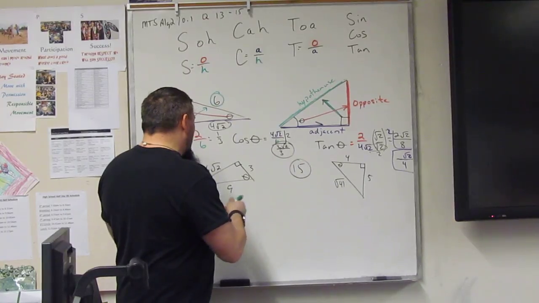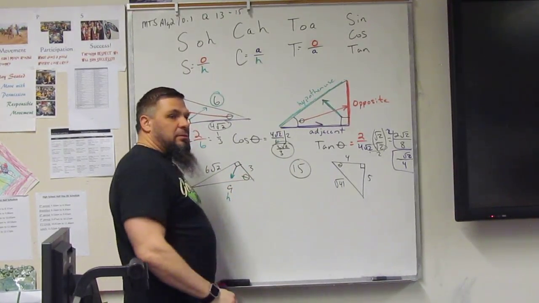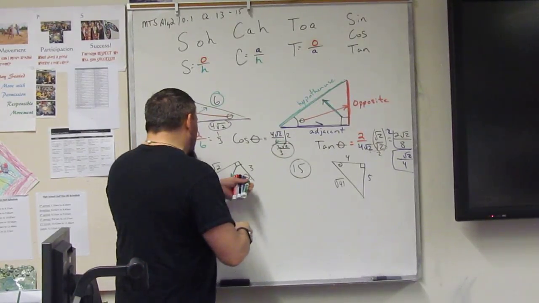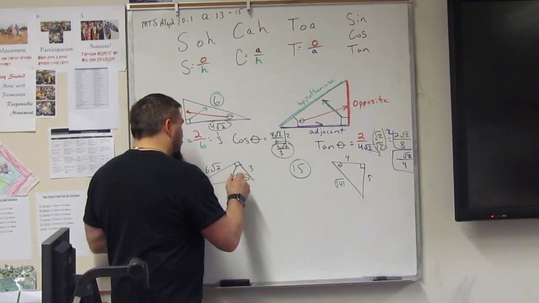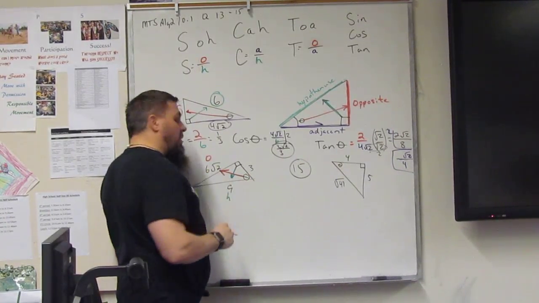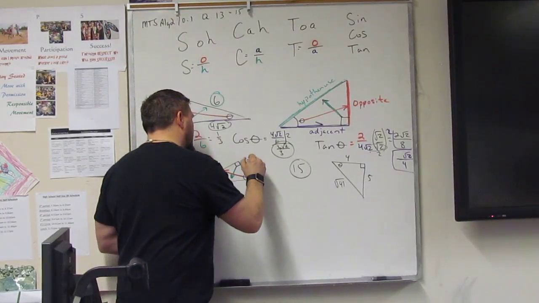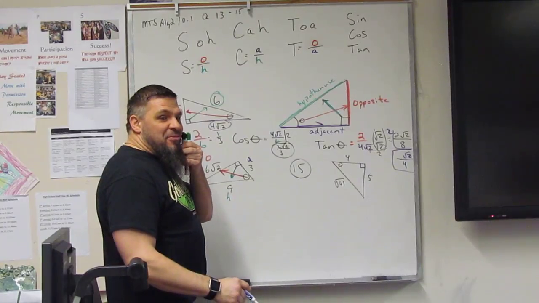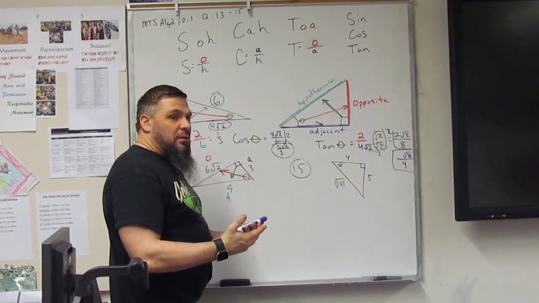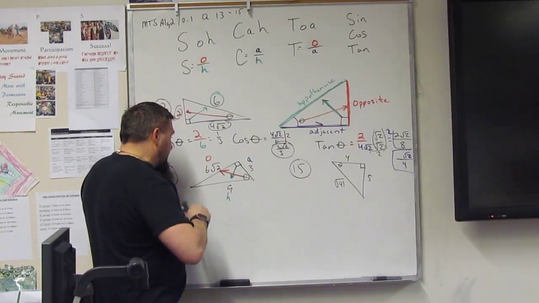So I look right away and I go, okay, well, I know that this is the hypotenuse, because that's opposite of the right angle. If I'm talking about theta, then the opposite side is right here. So that's O, which leaves 3 to be A. Okay? Once I know that, it's SOHCAHTOA.